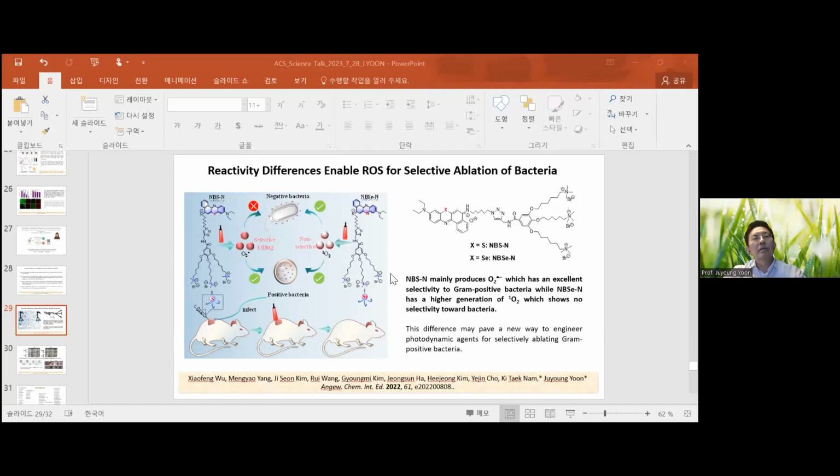One is using an FDA-approved photosensitizer and trying to improve the selectivity or enhance the generation of ROS. On the other hand, the other approach is to design and synthesize new photosensitizers, especially for the type 1 process.